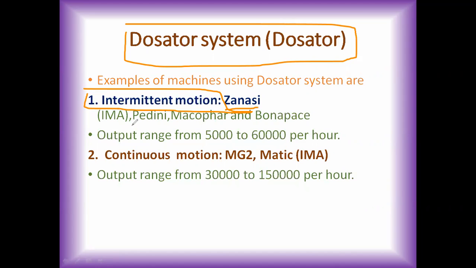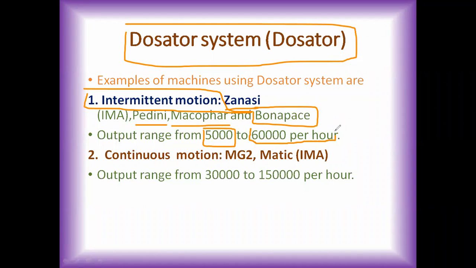Then there are other machines from different companies, for example Pedini, then Marchesini, and then Mano Pace. These are the companies which have intermediate motion dosator systems. And the production capacity of these machines will be 5,000 to 60,000 capsules per hour.